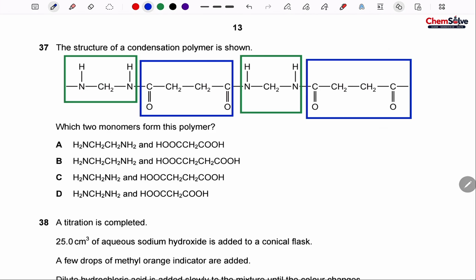So there are two repeating units. Okay, so let's look at the incomplete part of the polymer.